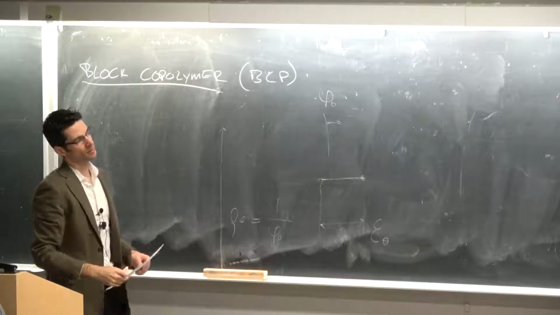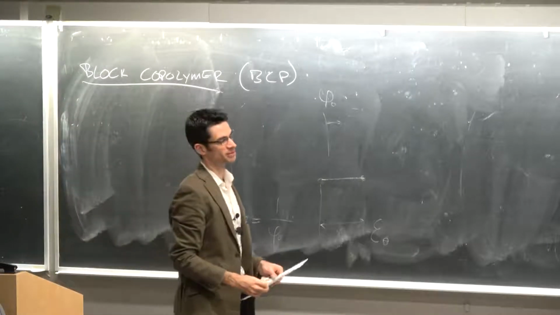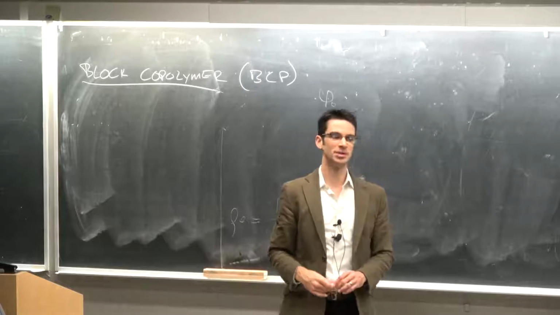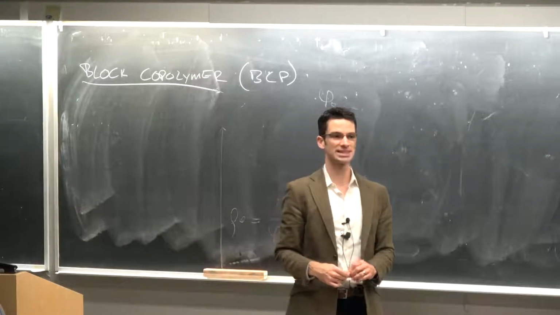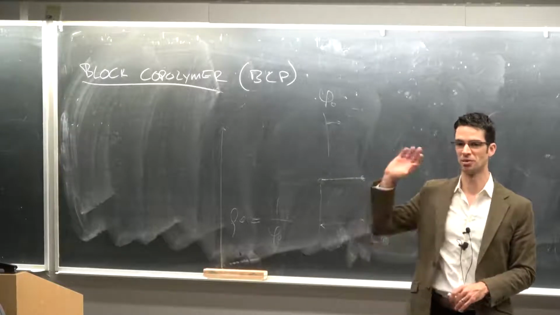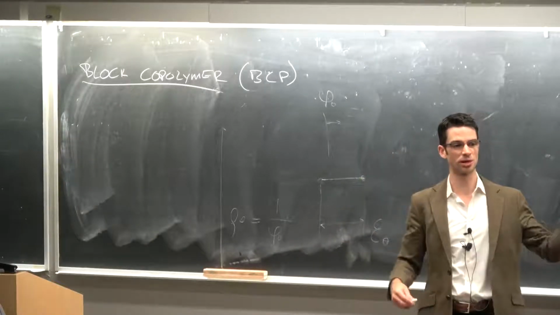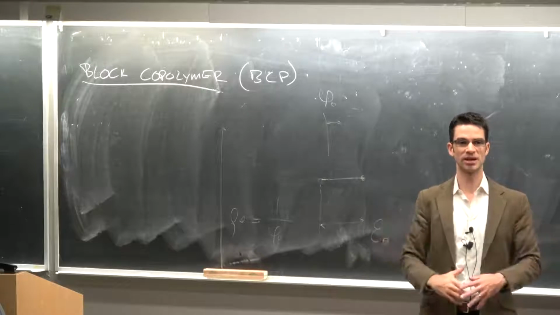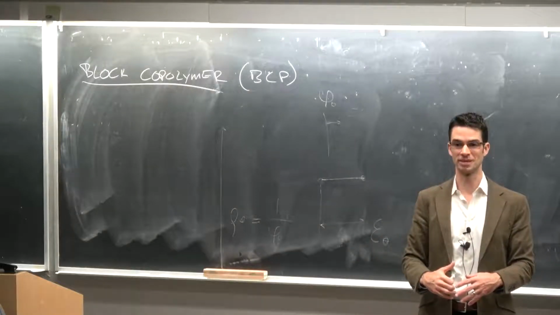What was found in polymer science in the beginning days of plastics is that if you wanted some property from polymer A and some property from polymer B, you would just mix them together and hope that you would get the best of both worlds.